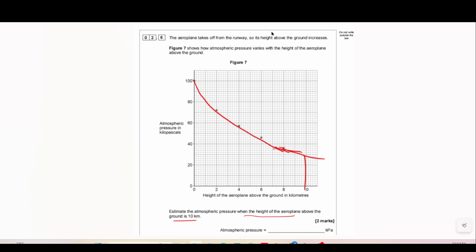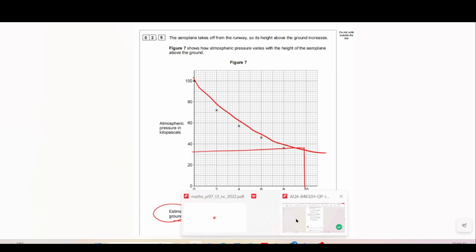Then it would be 22, 24, 26. Yeah, you can say this is 26. If you go like this, yeah, 26, something like that. Because it is an estimate, your 26 is correct.